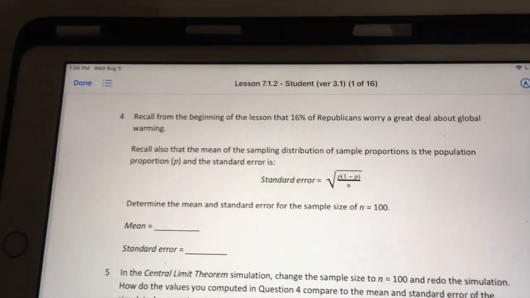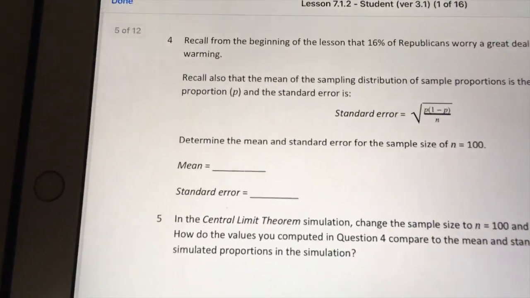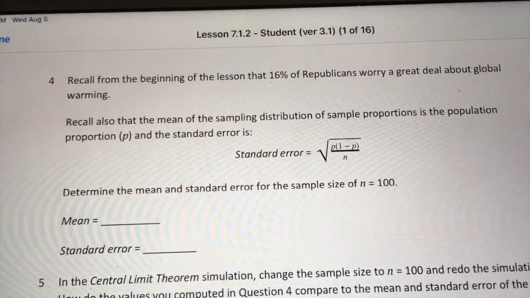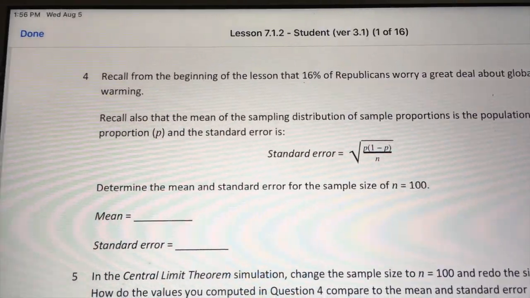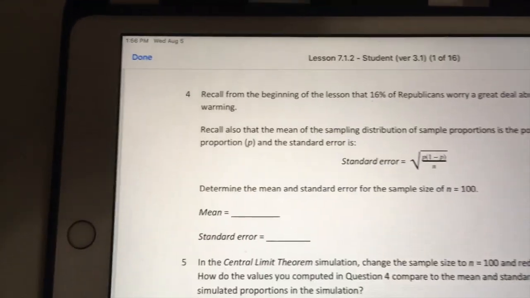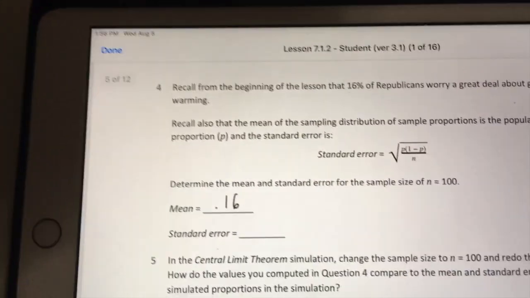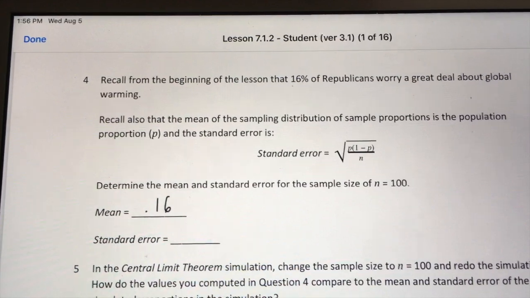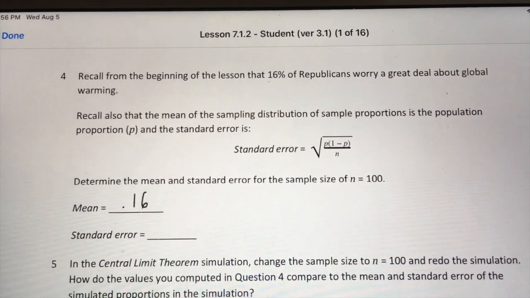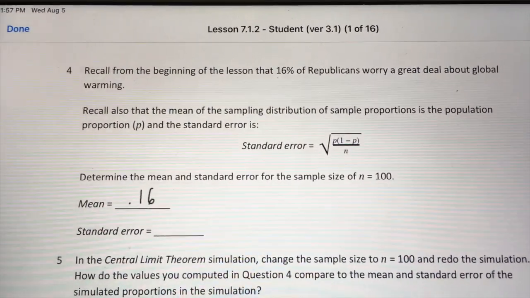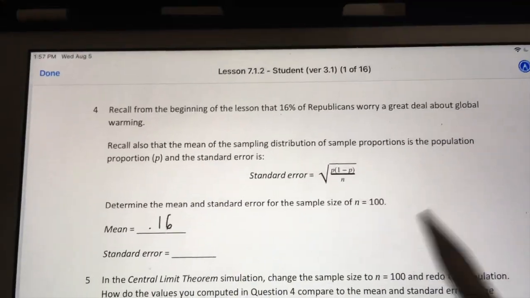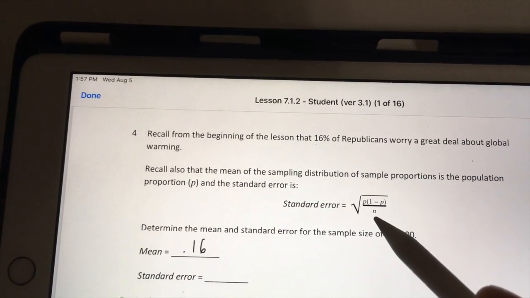Let's go first with the mean. Remember, the mean is always equal to the population proportion, so the mean is just 0.16. Now, what about the standard error? For that we're going to need the formula.